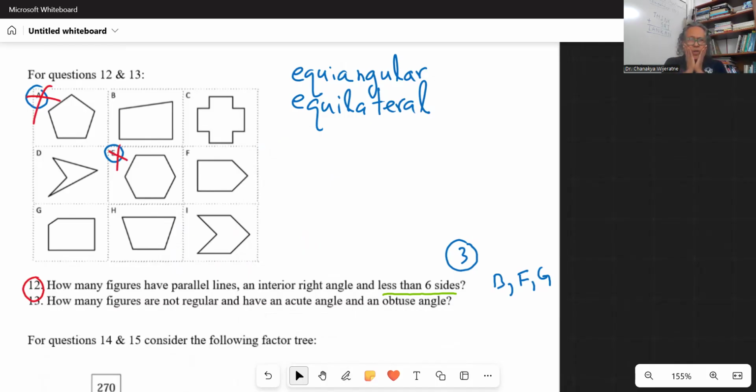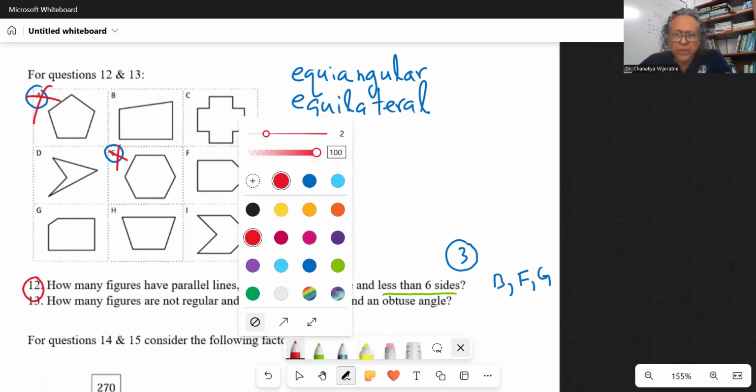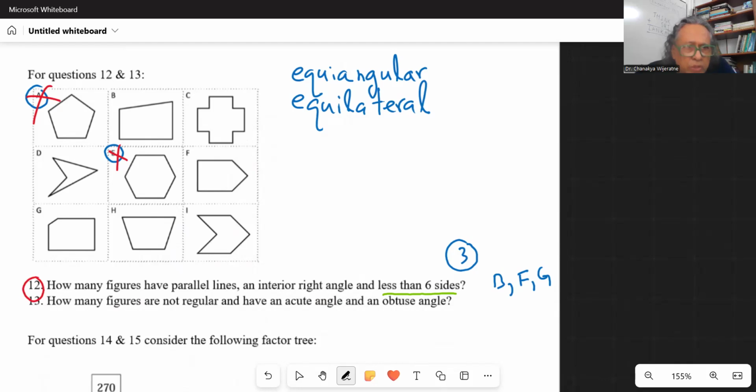So all the others are not regular, have an acute angle. That means an angle between 0 and 90, less than a right angle. Okay. So let's indicate if a figure has an acute angle. So this is acute. And C doesn't have acute angles. And this is acute.